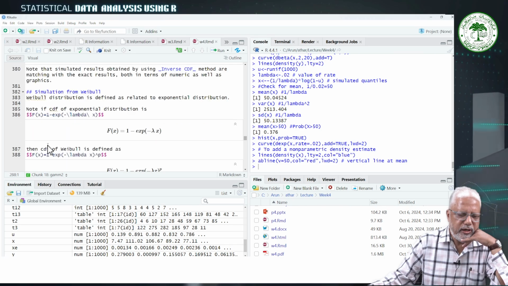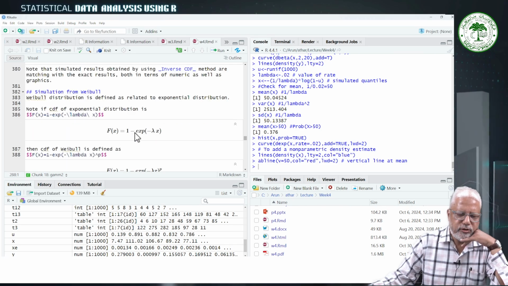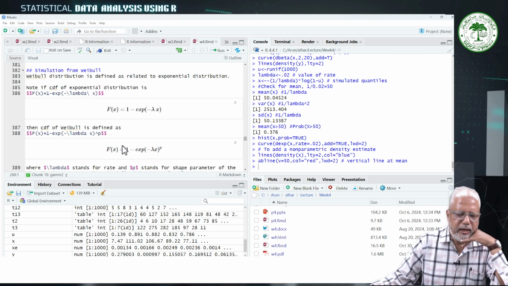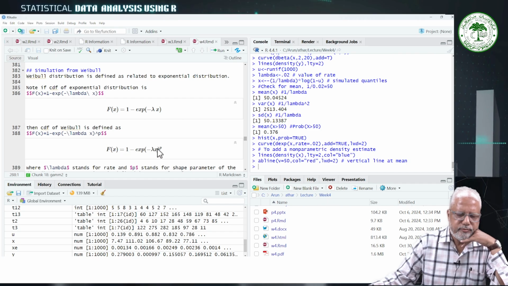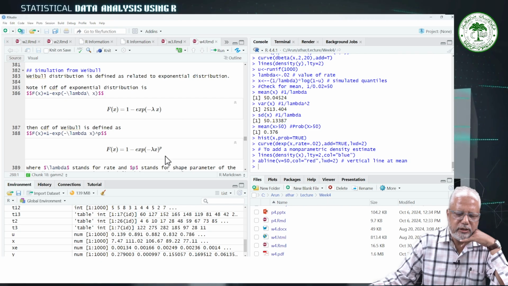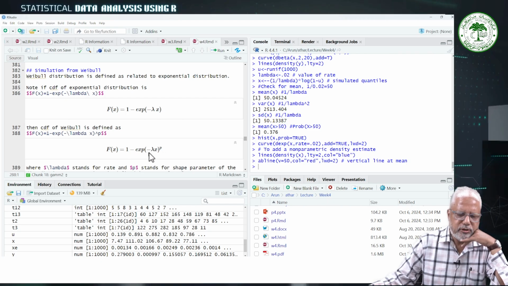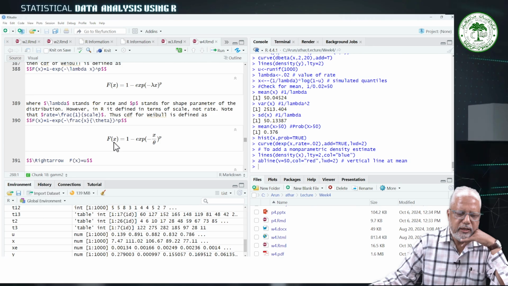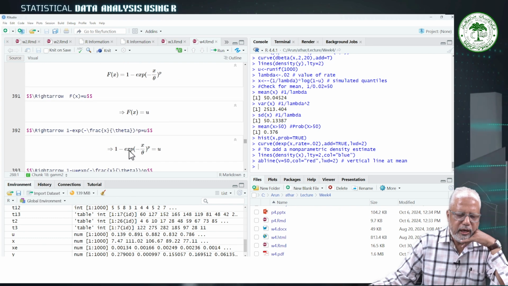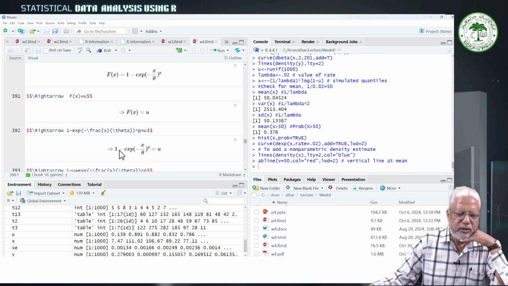Then simulation from the Weibull distribution. Here we are adding a shape parameter, so it becomes the CDF of Weibull. We just equate the CDF of Weibull to u and then solve it.